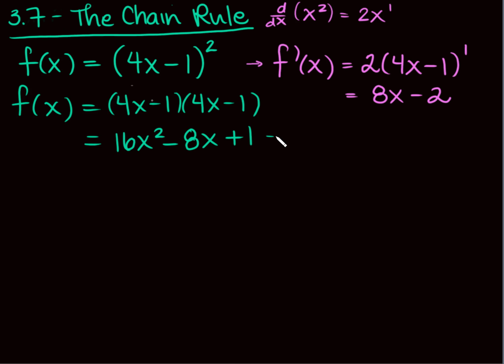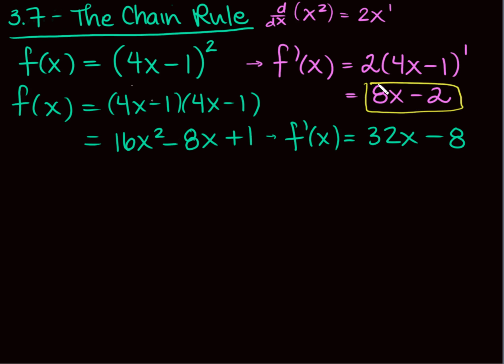If I take the derivative of this now, and you all agree, since we just FOILed it and haven't broken any rules, the actual derivative is 32x minus 8. So that's a problem, because here I said the derivative was 8x minus 2 by just bringing that 2 down, and the actual derivative, which we know, is 32x minus 8.